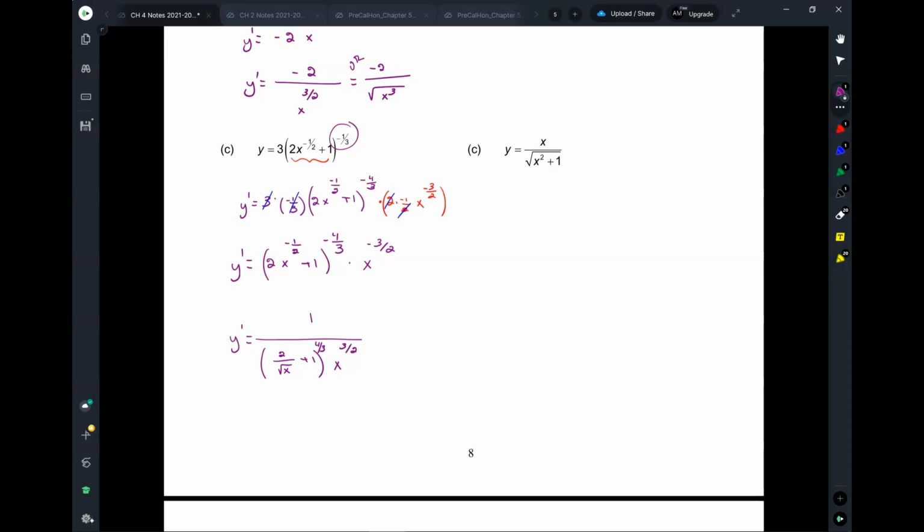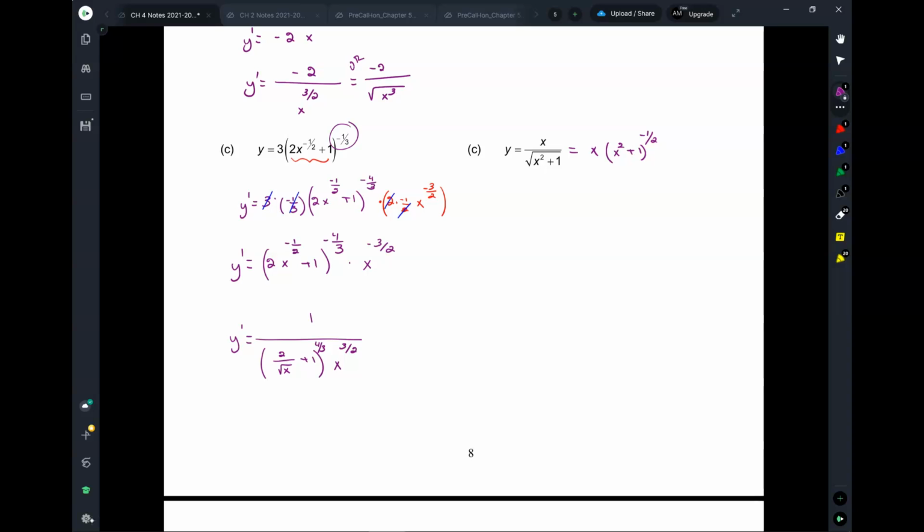Okay, look at this next one. Our first instinct would be quotient rule, right? No, yes, product rule. So my first instinct would have been quotient rule, but my experience has taught me to do product rule instead. And the way I can do that is I could do x times x squared plus 1 to the negative 1 half.